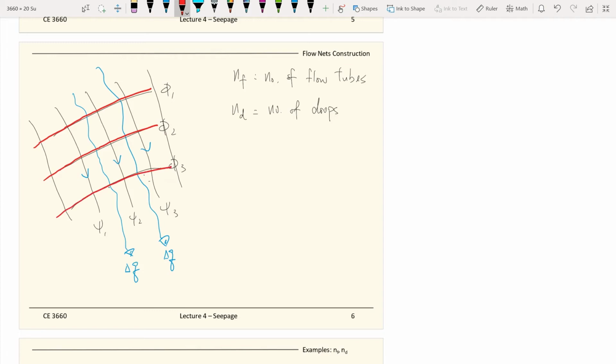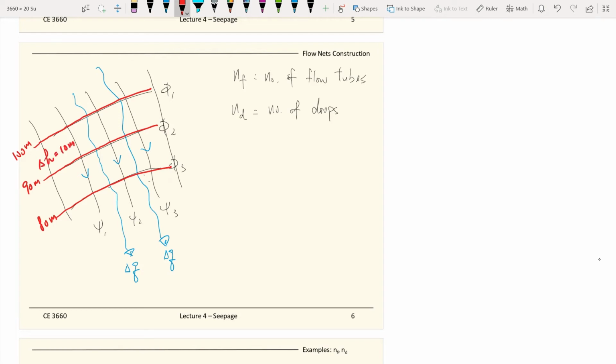The equal potential line tells you the amount of energy, which is the head at that point. So for example, here you have a total head of 100 meters. After dropping to another equal potential line, the head will drop to 90 meters. Then you go through one more step, then go to 80. Then you know that the equal drop here is 10 meters.